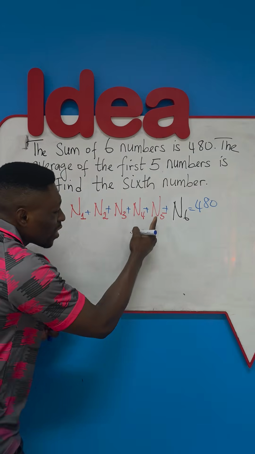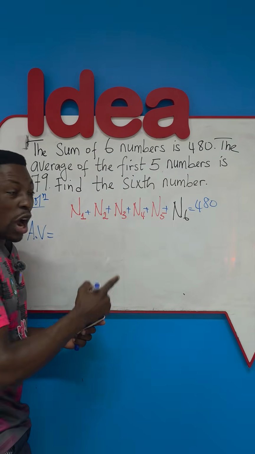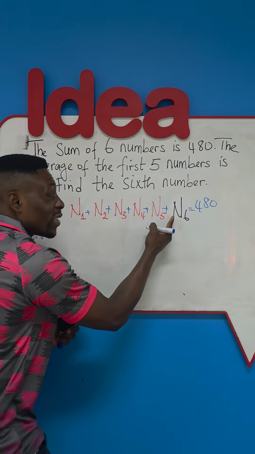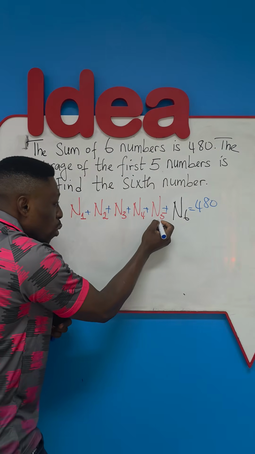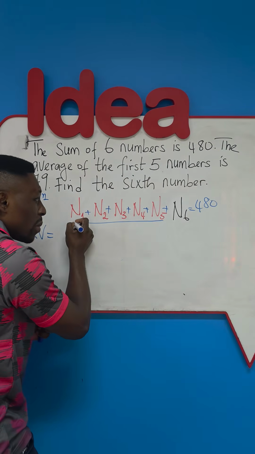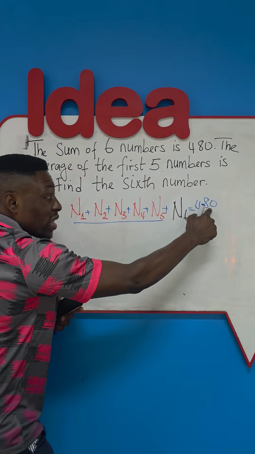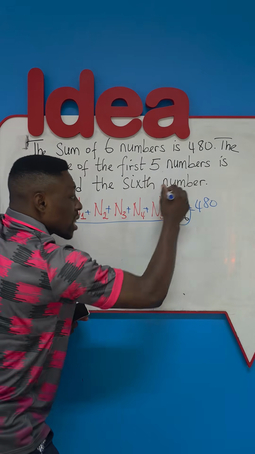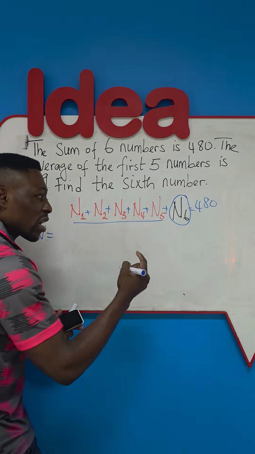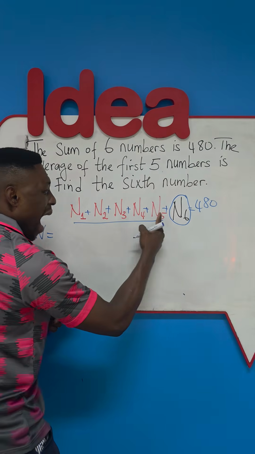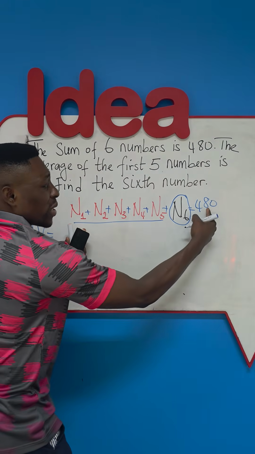But now we do not have the sum of the first 5 numbers. What we have is the sum of the 6 numbers. So if we want the sum of only these 5 numbers, what should we do to this sum? Of course, come to the sum of these 6 numbers and remove the 6th number, because it was the 6th number which we added to the first 5 numbers to obtain this.